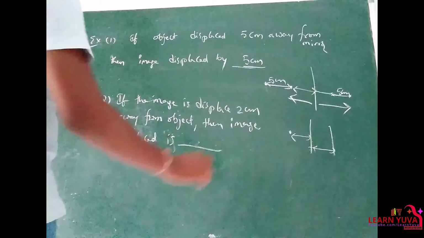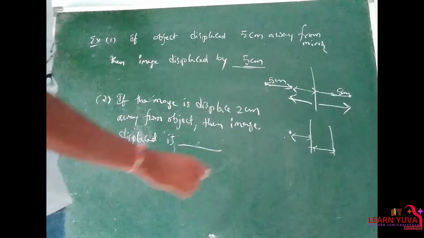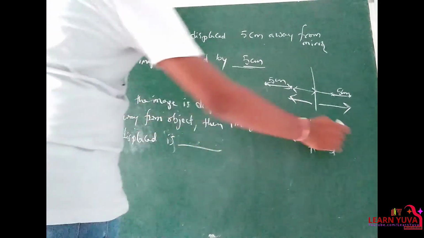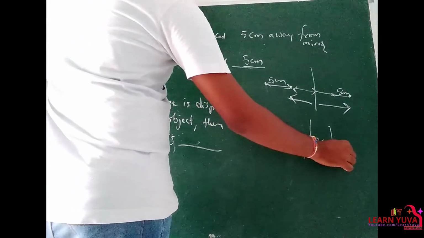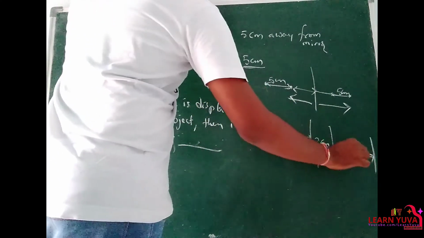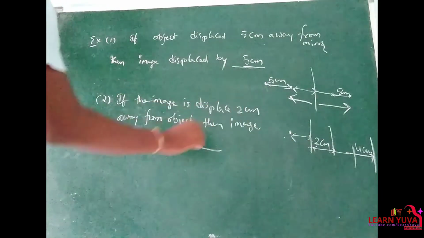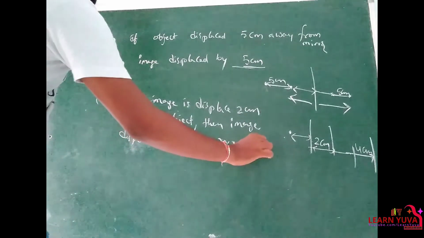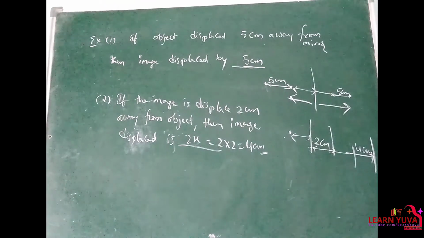The mirror is displaced by 2 centimeters from the object, then the image is displaced by 4 centimeters. That means 2x, 2x is equal to 2 into 2, that is equal to 4 centimeters away from the object.